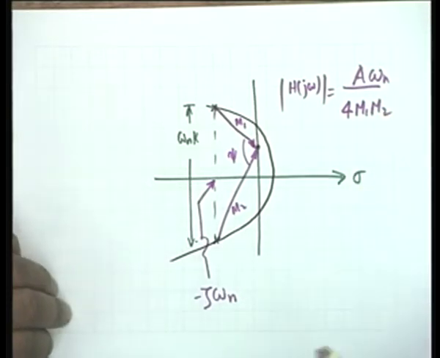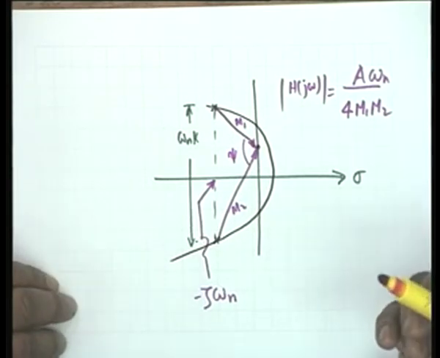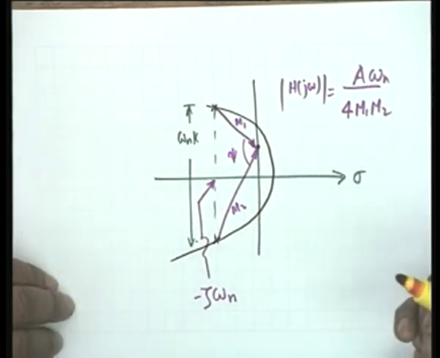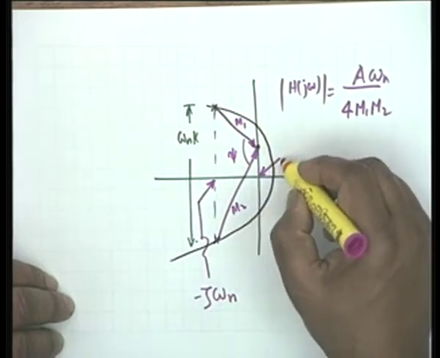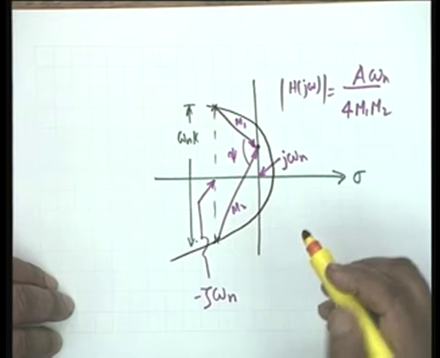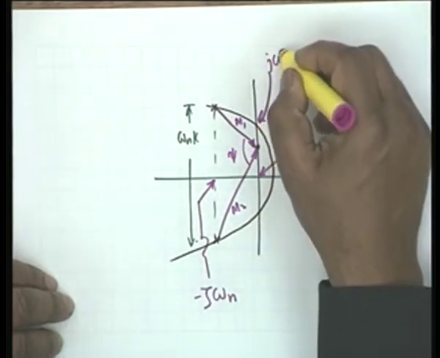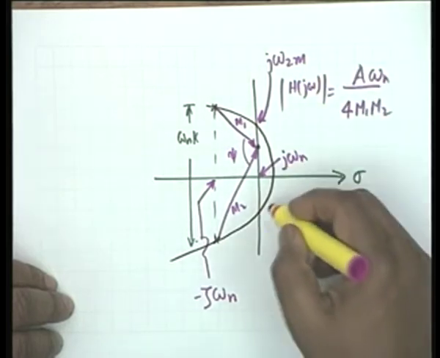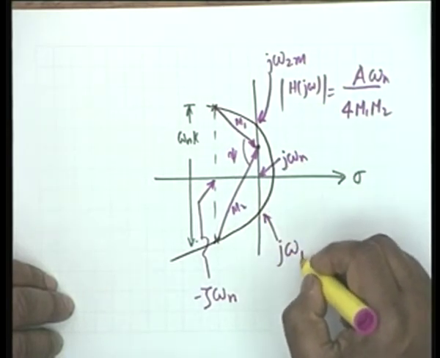Now, in a similar manner as we did in the single tuned circuit, the horizontal axis will be j omega n, the center point. Yes, this is j omega n. We will call this intersection j omega 2 max and this intersection j omega 1 max.